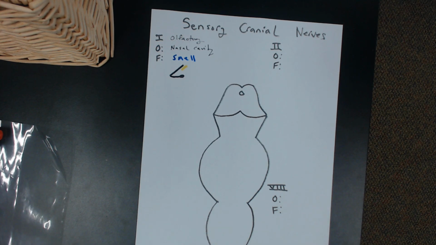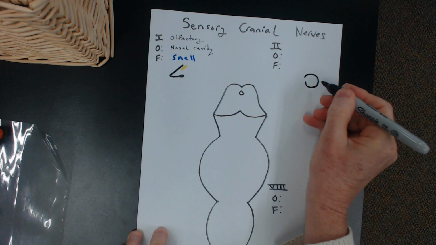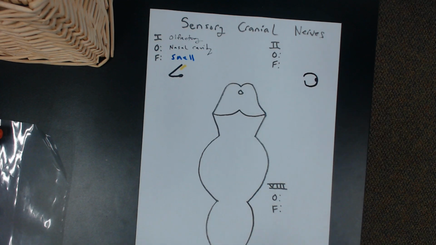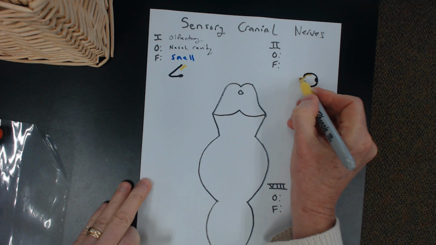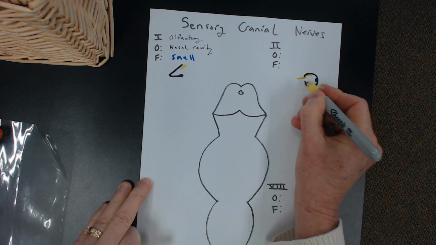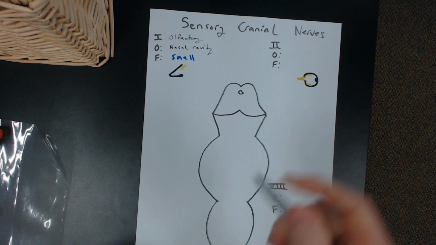And cranial nerve number 2. We talked about cranial nerve number 2, and it comes out of the back of the eyeball. It's actually formed from the cells that make up the retina here. And cranial nerve number 2, anybody remember the name?